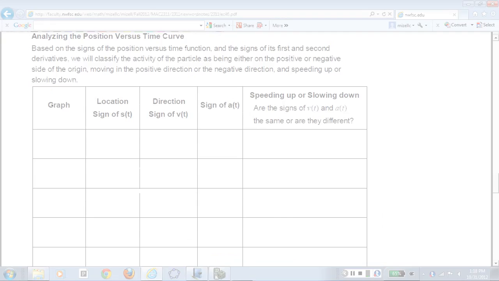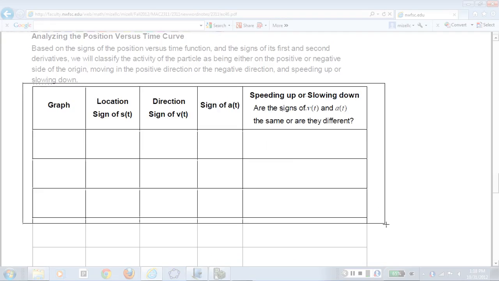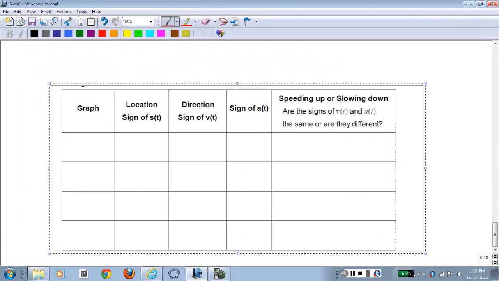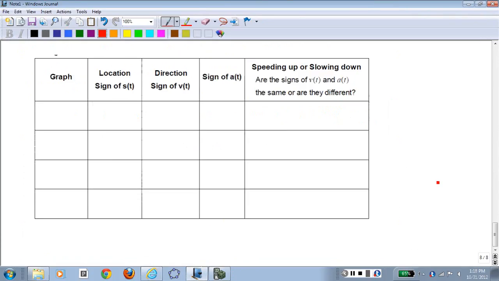If I just look at the top part of it, the first four, if we disregard the location, the graph looks like this, and the other one, that.